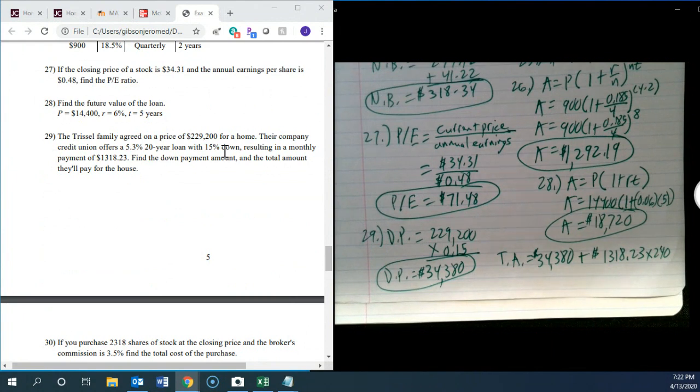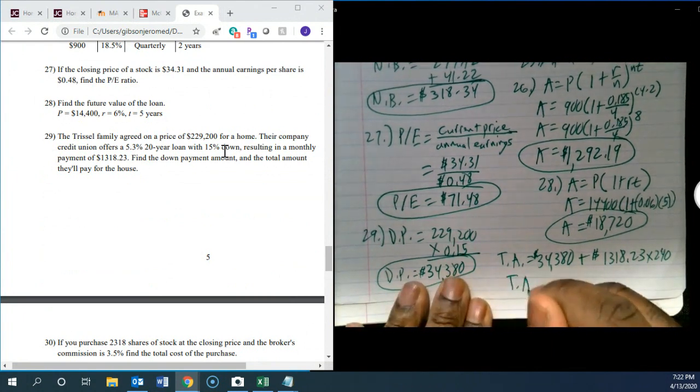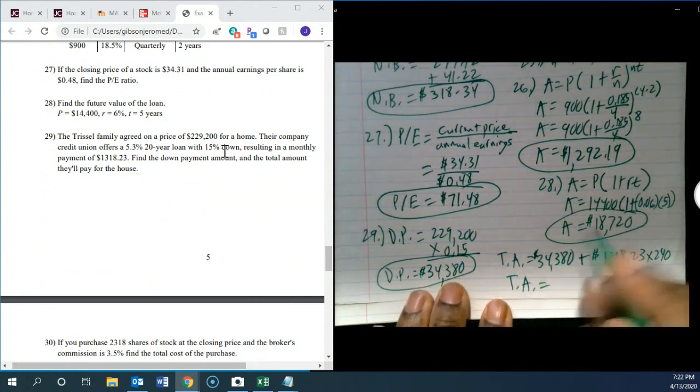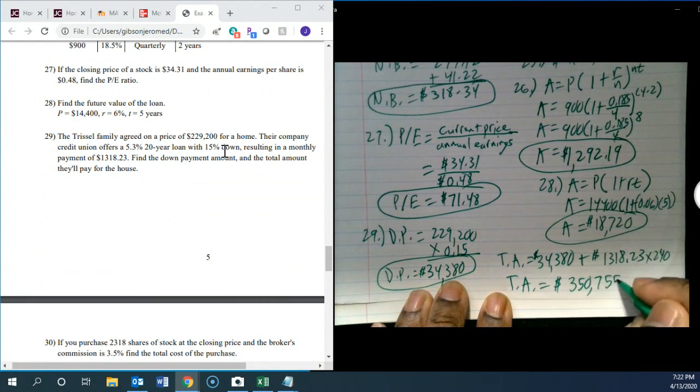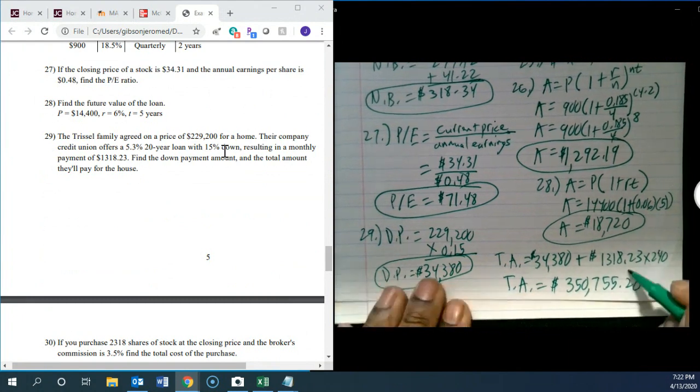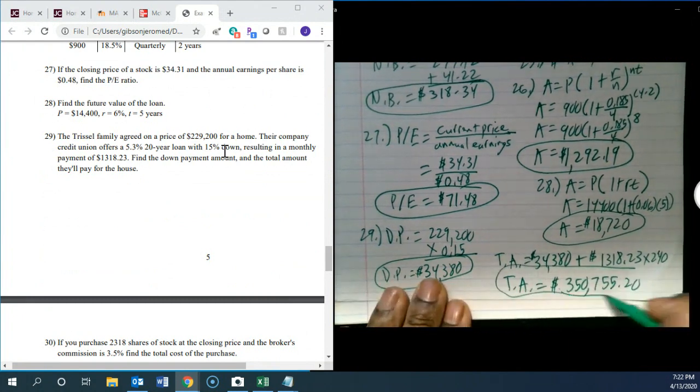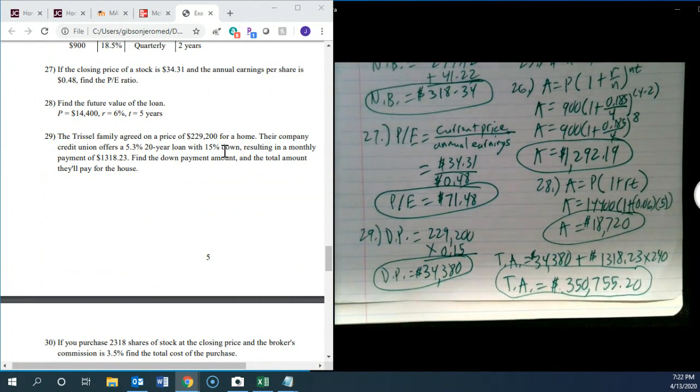And when you multiply everything together here and add, you would end up with a total amount of $350,755.20. So that is the total amount that you would pay for the house. Now remember, the house originally was $229,000, and you end up paying close to an extra $130,000 for that home. All right.